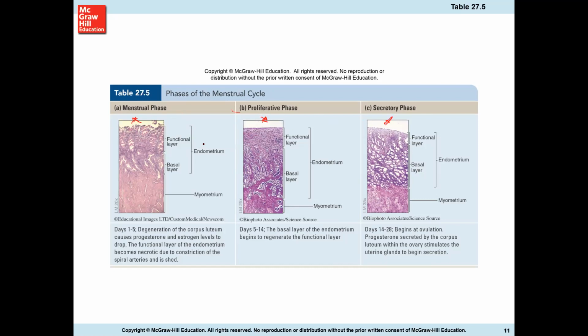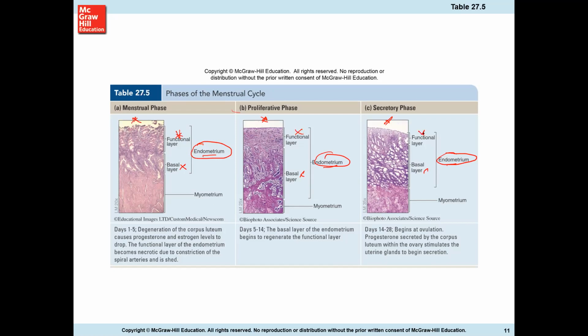Now the innermost layer of the uterus is called the endometrium. This is showing you different phases, which I'm not going to ask you. But you do have to know the inner layer on a model or real anatomy is called the endometrium. And that has 2 layers, a basal layer, which is always there, and a functional layer that only shows up in the presence of progesterone.